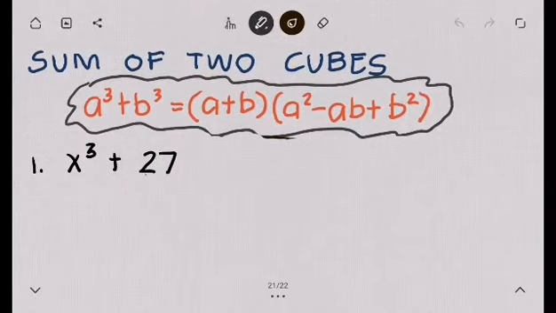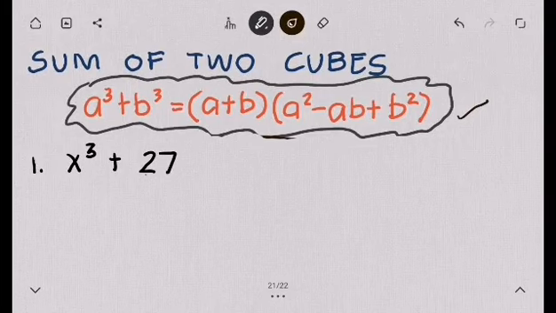So, yung last case natin ay kung paano mag-factor kapag ang binomial ay sum of two cubes. Okay, so ito yung ating pattern. So, we have a cube plus b cube equals a plus b times the quantity of a square minus the product of ab plus b square. Okay.